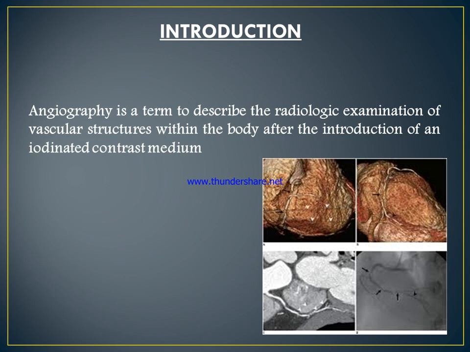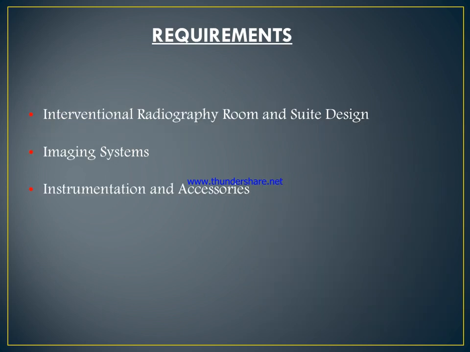There are many components used in angiography, so we categorize them into three types. First is interventional radiography room and IR suite design. Second is the imaging system used for angiography, and third is instrumentation and their accessories.